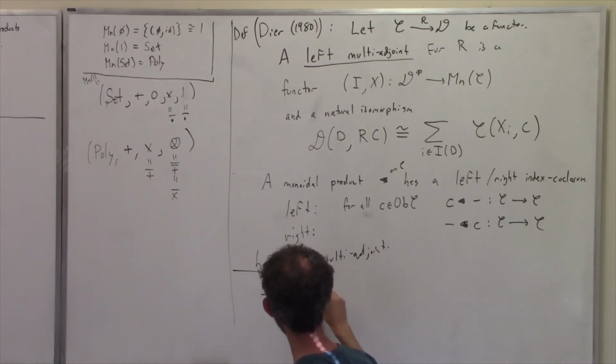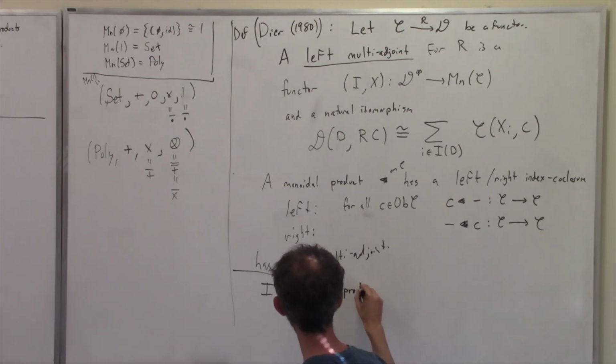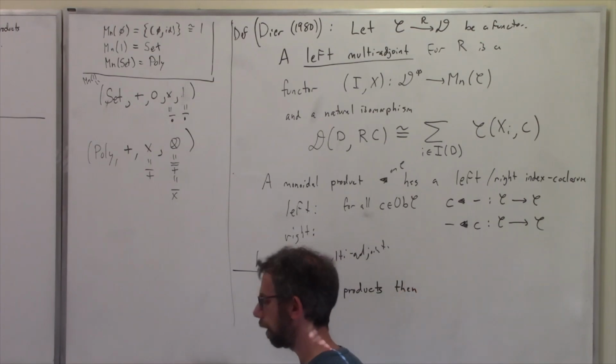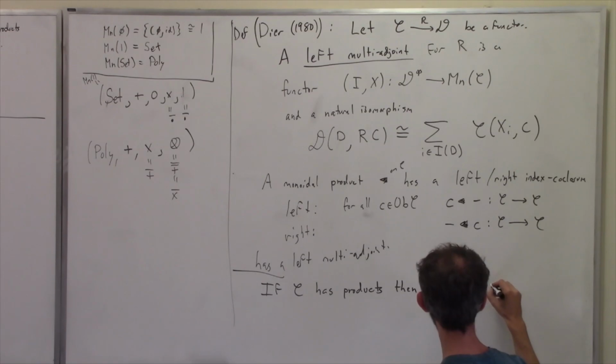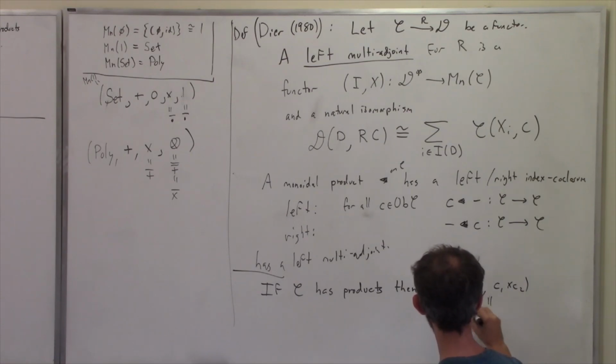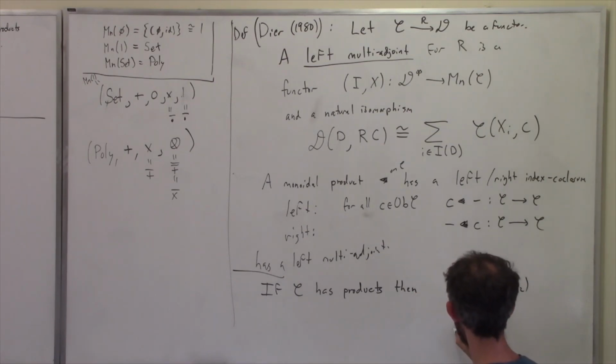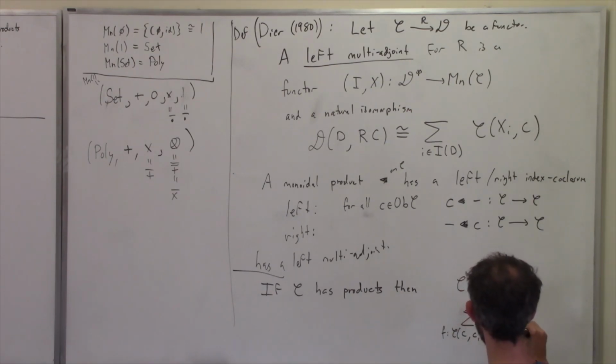If C has products, then maps from C to C1 times C2 are the same thing as the sum over maps from C to C1 of maps from C to C2.